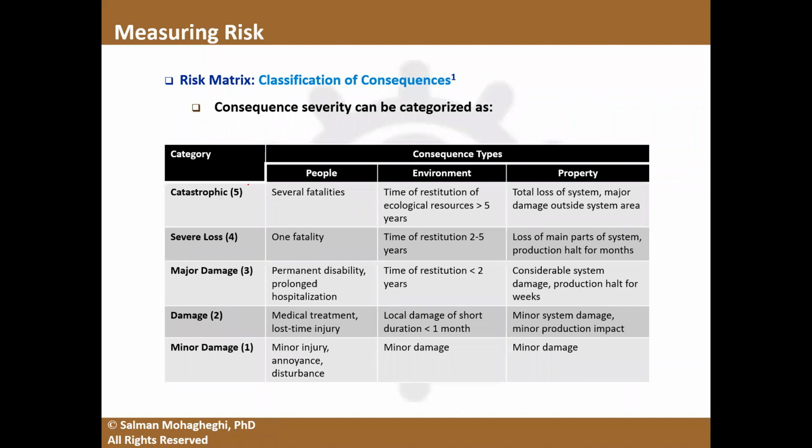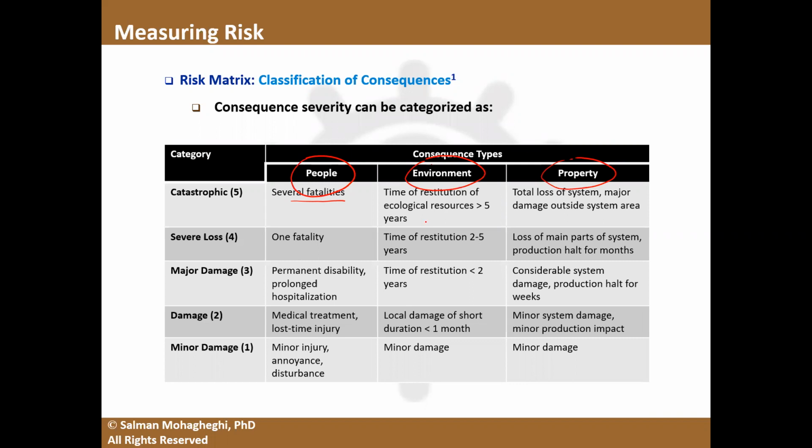We can do the same thing for consequences. So one way to look at the severity of the consequence is to break down the impacts on people, on the environment, and on property. For example, a catastrophic consequence would have severity in terms of several fatalities on people, time of restitution for ecological resources being greater than 5 years, and total loss of the system, major damage outside system area.